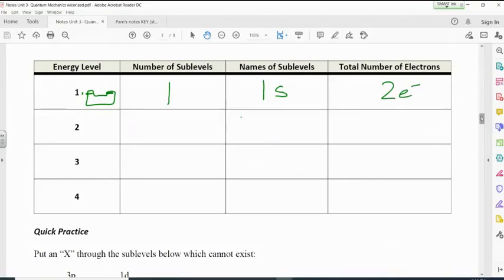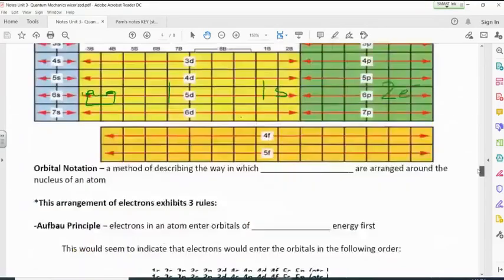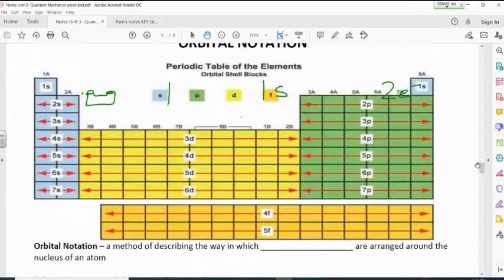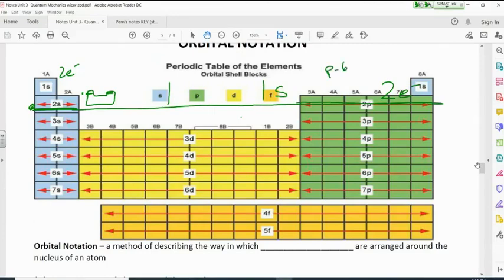I want to show you the next one, number 2. What am I going to be touching when I scroll to 2? I'm going to go look at the periodic table. So energy level 2, if I'm starting here, the whole energy level 2 has an S shape. Remember, there's 2 electrons in an S shape, so it can hold 2 electrons. I keep going, I hit the P block, and I hit just 2p. Remember, in the P block, it can hold 6 electrons.